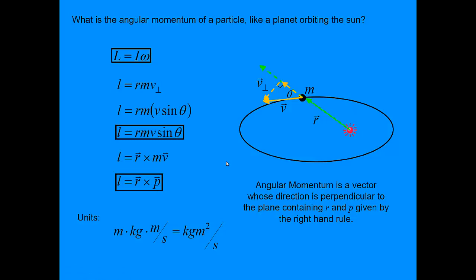It's perpendicular to the plane containing the planet and the sun. This is three-dimensional cross products. R cross P for angular momentum of a particle.